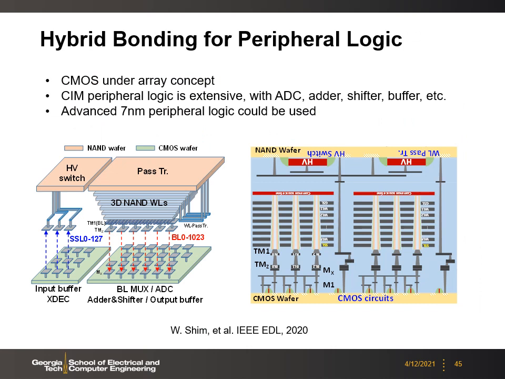We realize that the 3D NAND fabrication may not be compatible with the advanced logic process. Therefore, we would like to leverage the hybrid bonding for the 3D integration of the computing memory architecture.